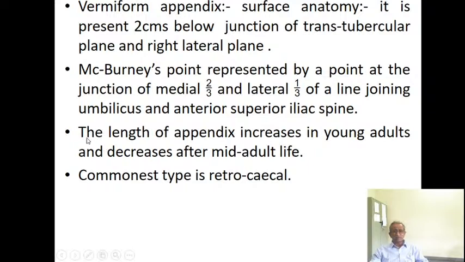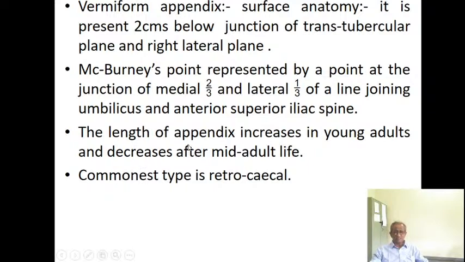So this McBurney's point is the one wherein if you press, there will be tenderness in case of acute appendicitis, and that is present at the meeting point of the medial 2/3 and lateral 1/3 of the line drawn between the anterior superior iliac spine and the umbilicus.